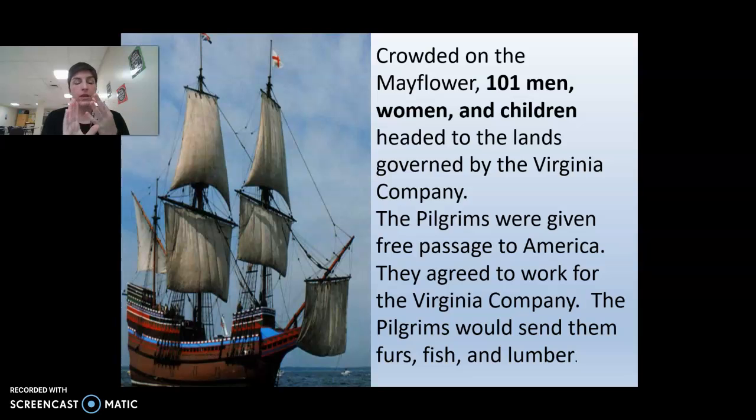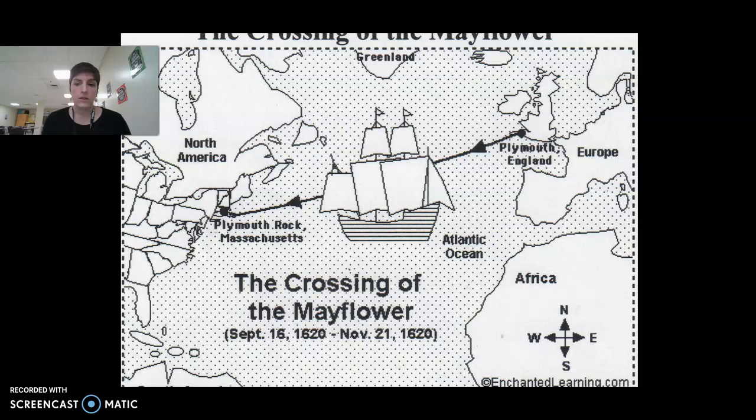They would fish, and they would also send home lumber to England, because at this point, England didn't have a lot of lumber, and they needed that. So by providing those three things, they worked for this company, but they were able to go to the United States and make money because they were sent here on a job, basically. All right, so this is what happens.